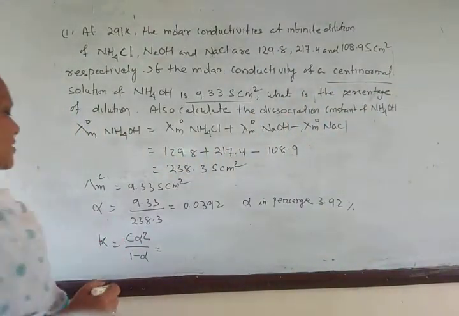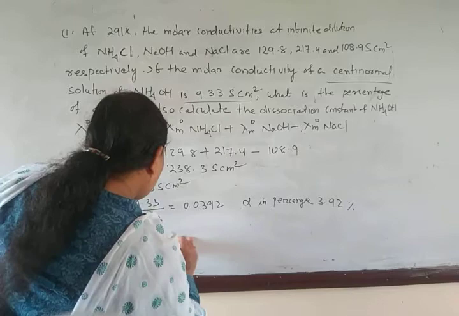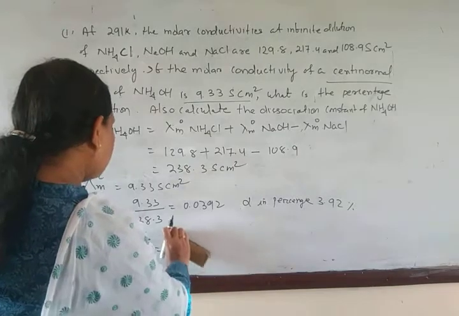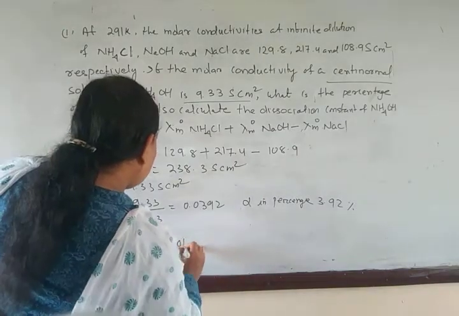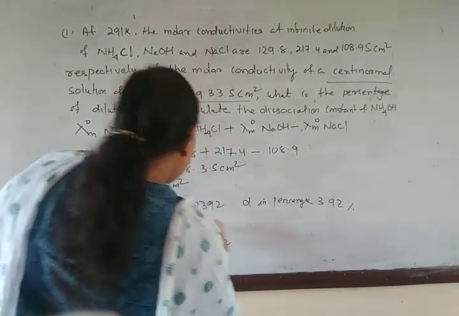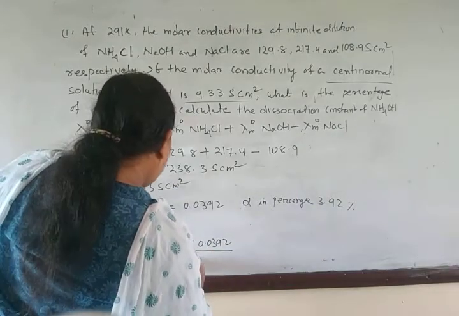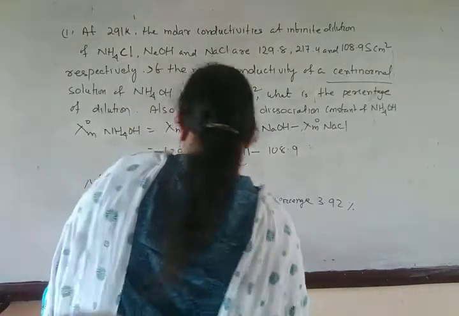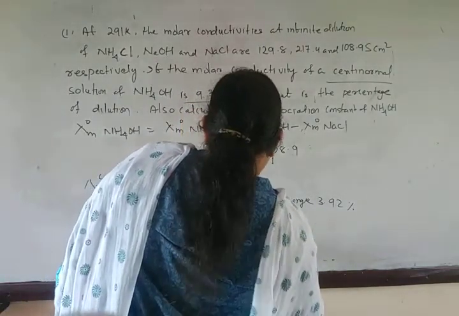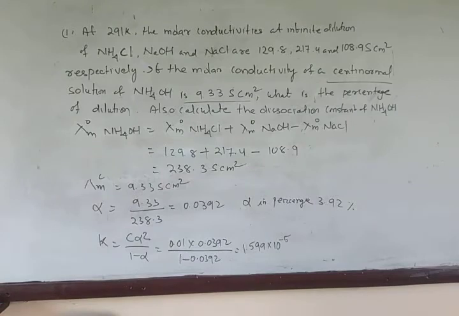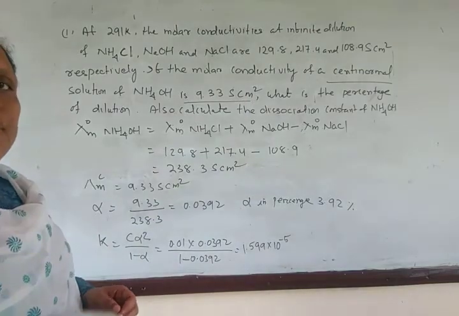In this way, the C value is 1 by 100, or 0.01, and the alpha value we have derived is 0.0392, and 1 minus 0.0392 is approximately 1. So the dissociation constant value we find is 1.599 into 10 to the power minus 5.